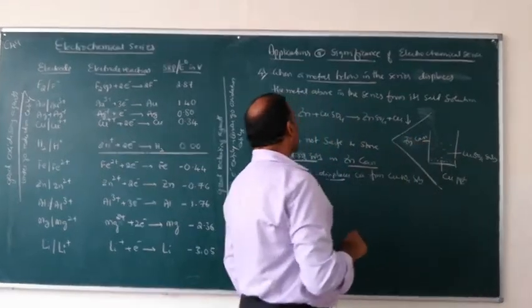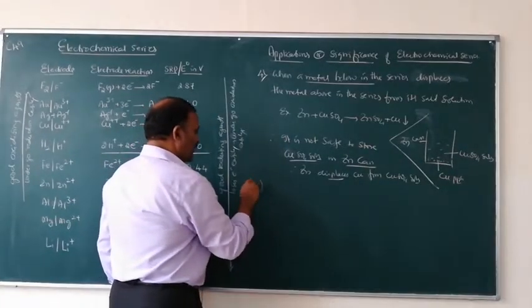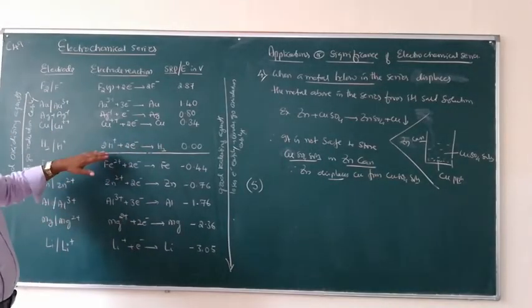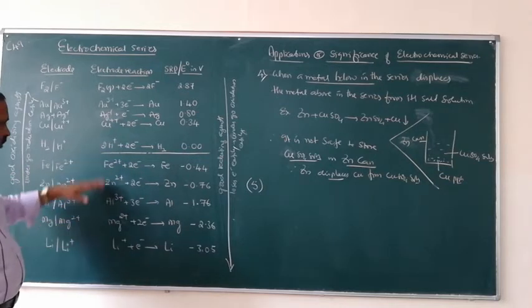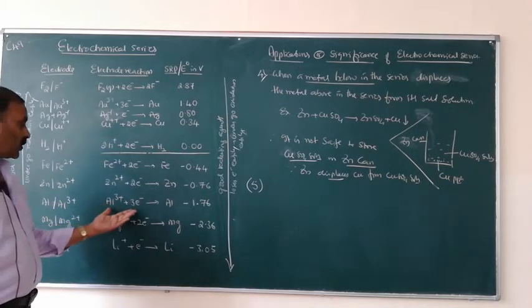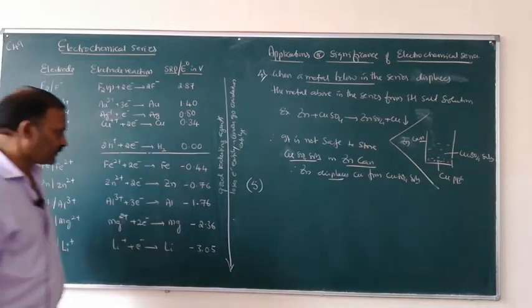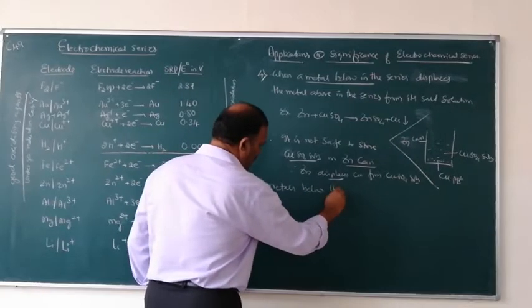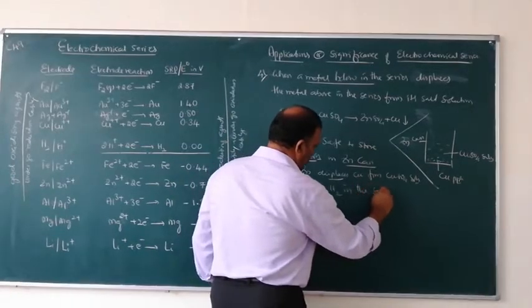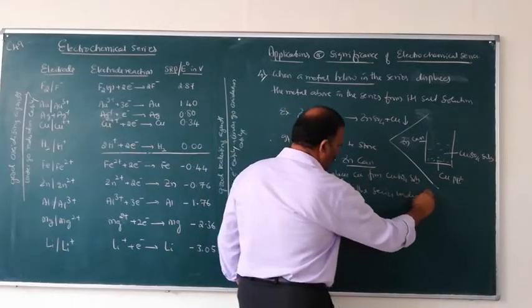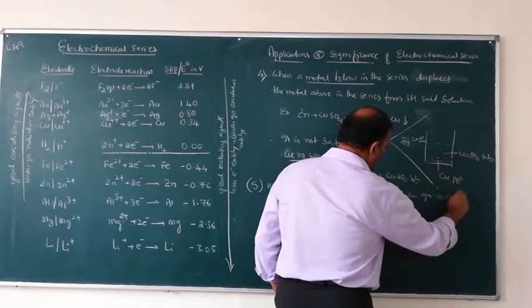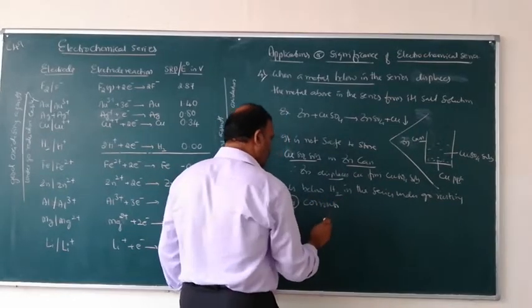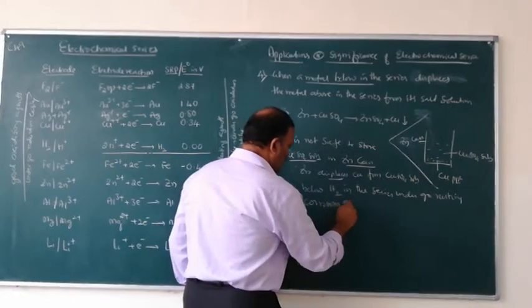So, the last application of electrochemical series is, metals below hydrogen in the electrochemical series undergo rusting or corrosion easily.